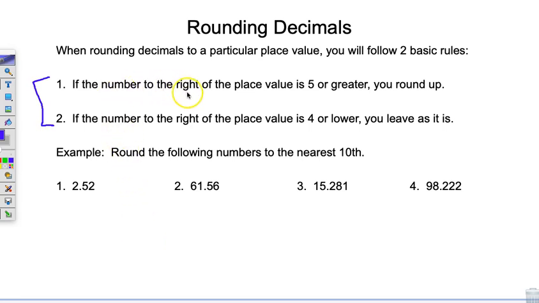If the number to the right of the place value is 5 or greater, you're going to round one number up. If the number to the right of the place value is 4 or lower, you will just leave it as it is. The most important thing for you to follow are the directions, because they will change depending on the problem you're doing.